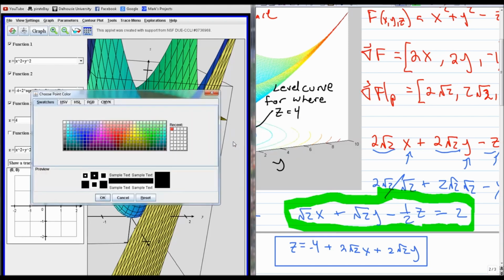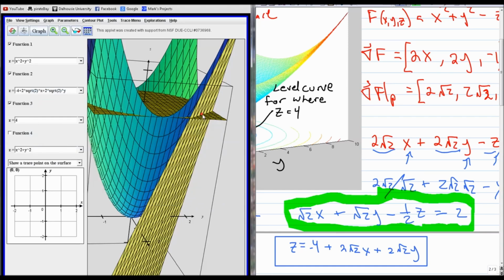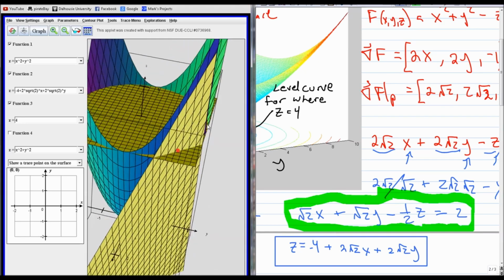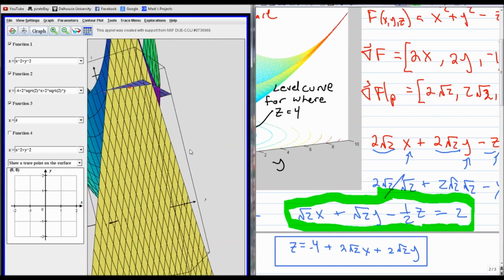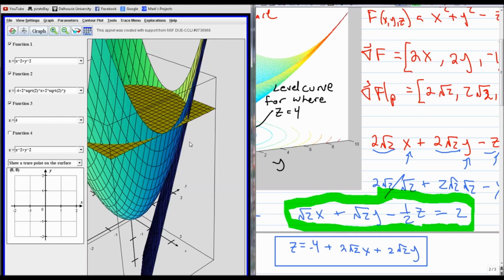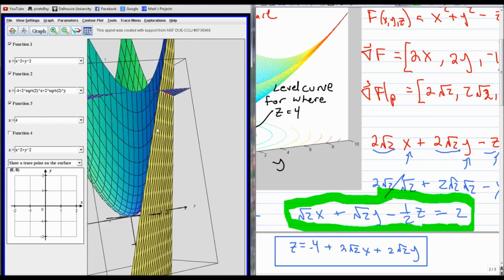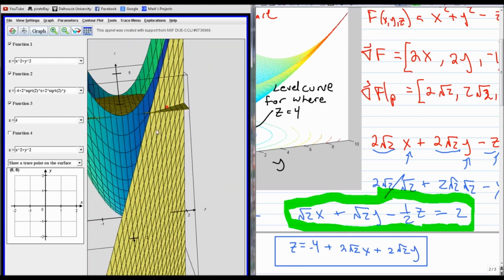I made it a certain size and color, and it corresponds to that point there. So you can see that the equation of the plane that I inputted is indeed tangent to this surface at the point root 2, 4. Okay, so thank you very much.